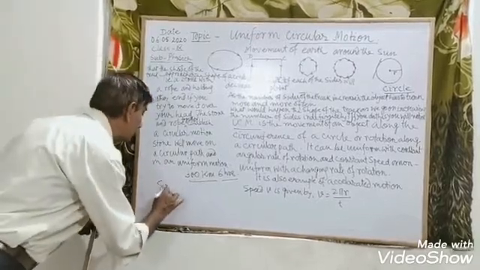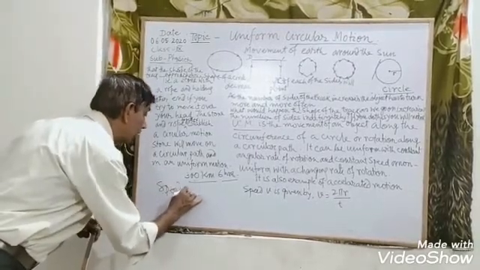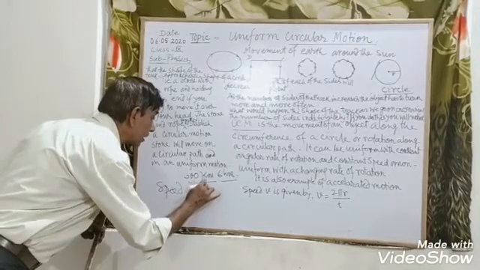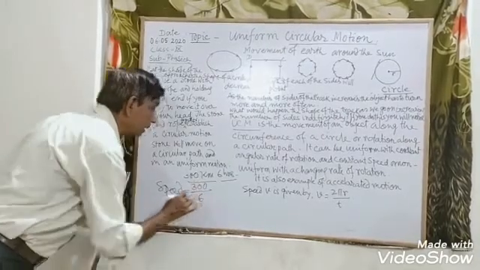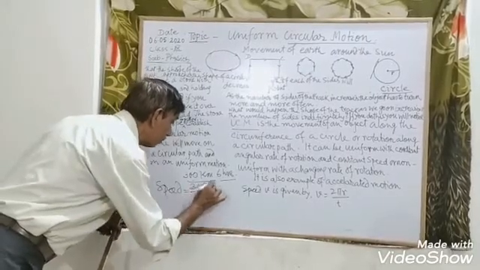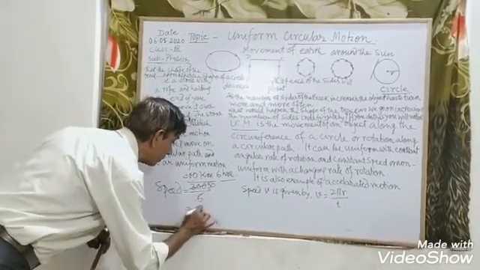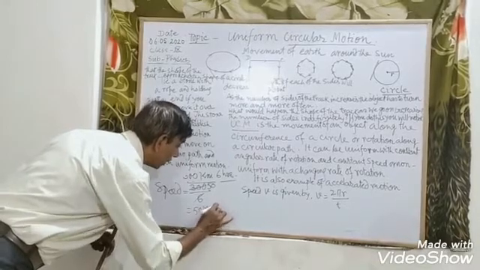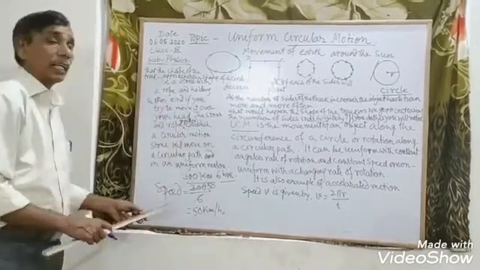What is the speed? Speed of the car is equal to distance covered divided by time. What is it? 50. So 50 kilometers per hour is the speed of the car.